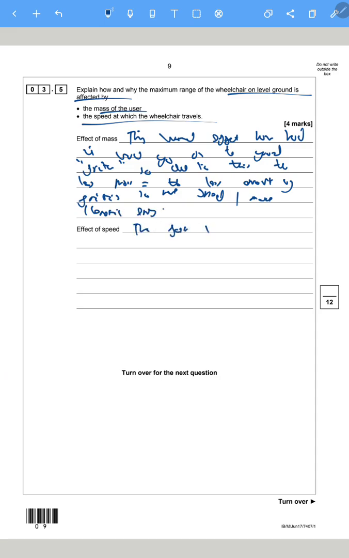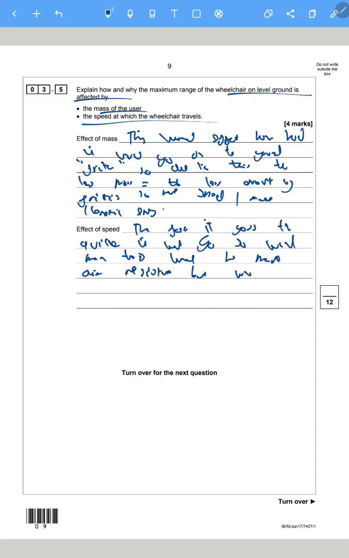The faster it goes, the more air resistance there would be, but would it also increase or reduce the range, because you're just going quicker.